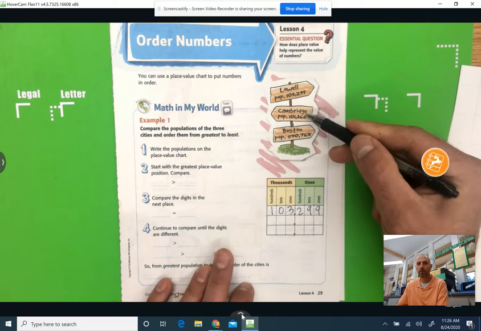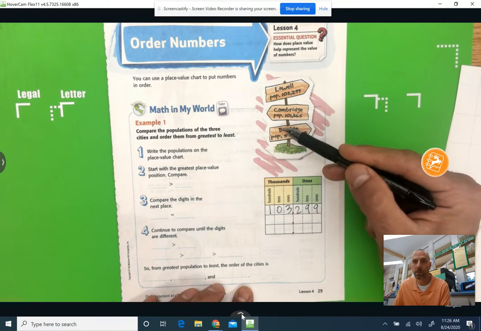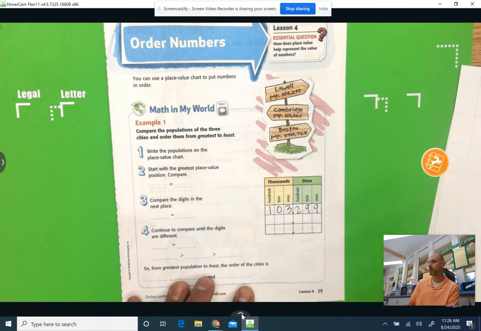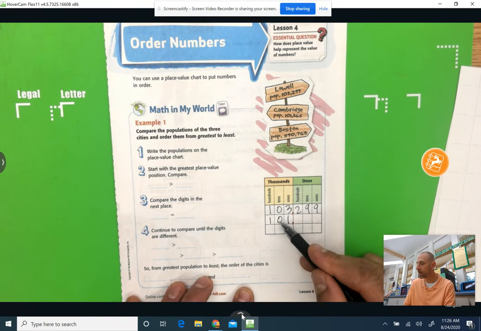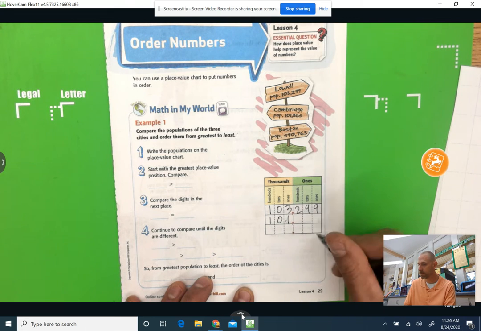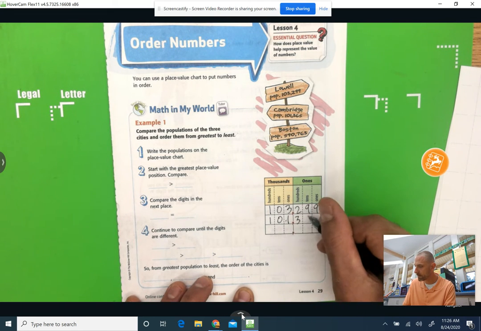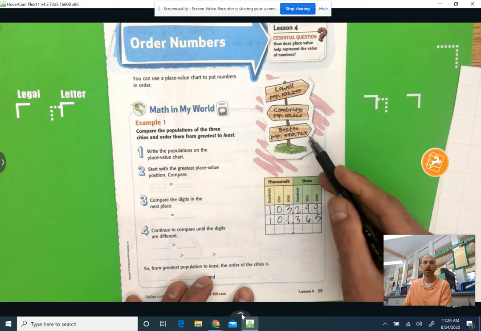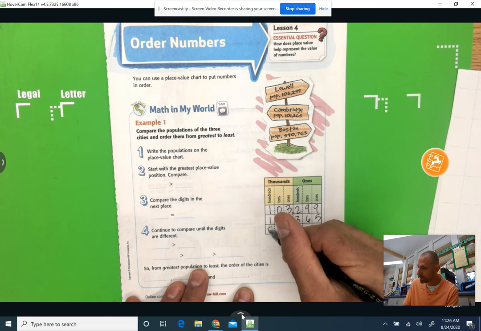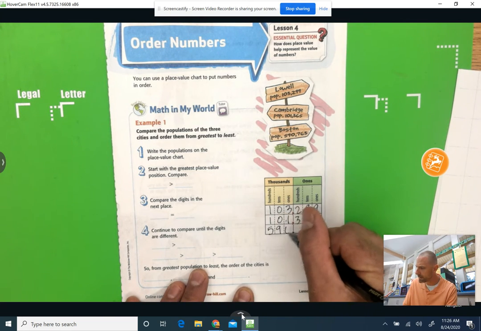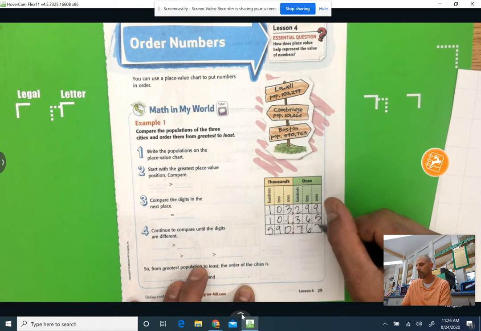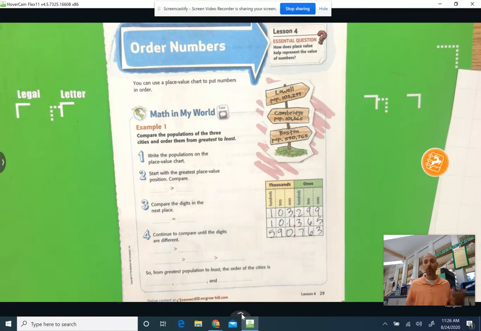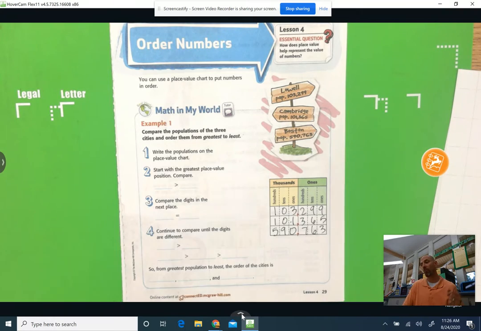Cambridge has a population of 101,365. And in Boston, we have a population of 590,763.